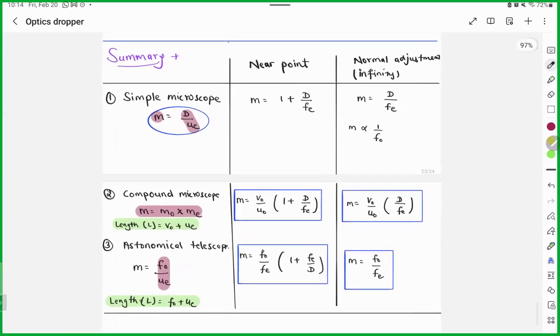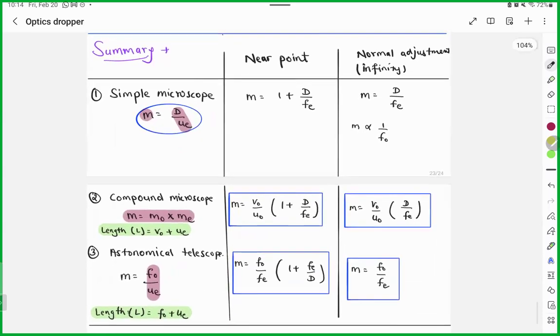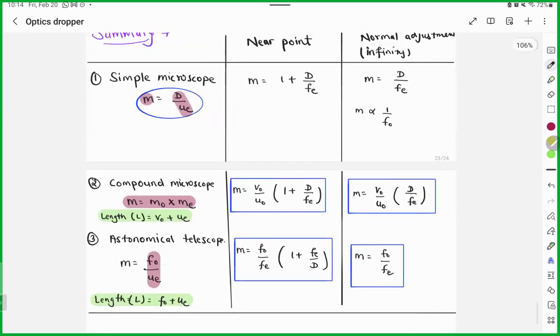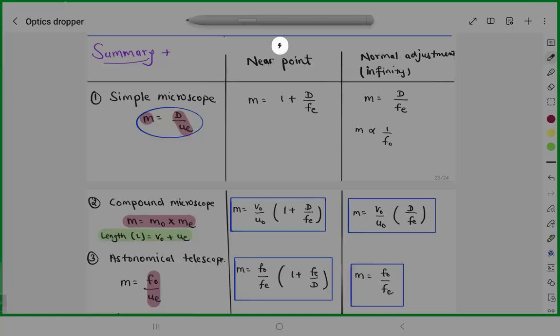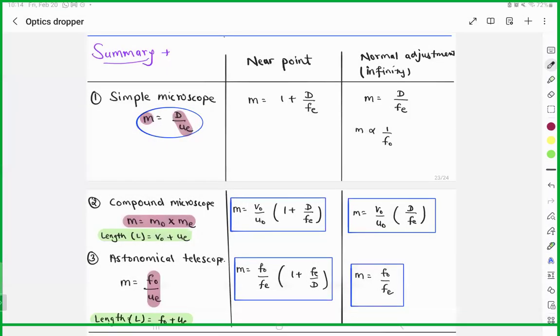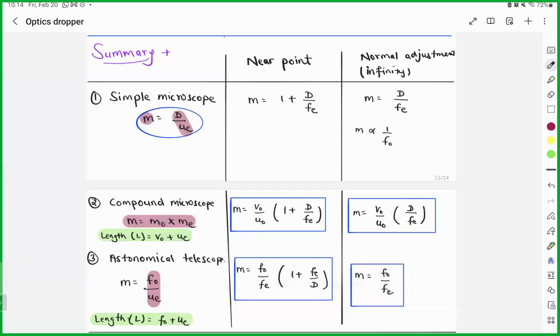Write this three times, all together. You can also write here m naught is equal to v naught by u naught.